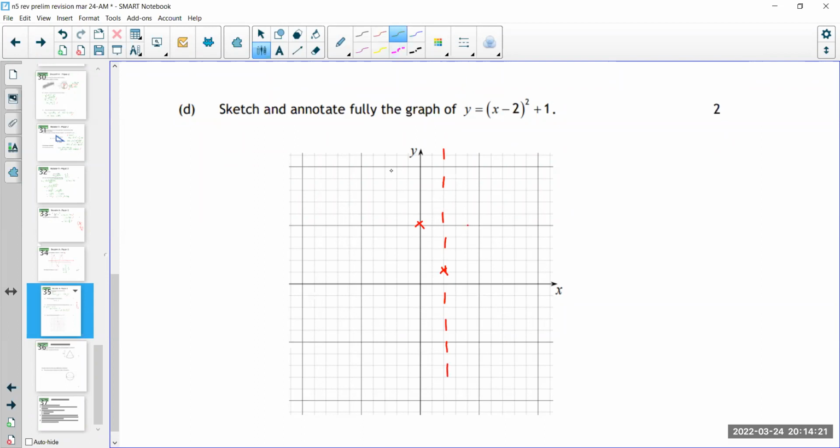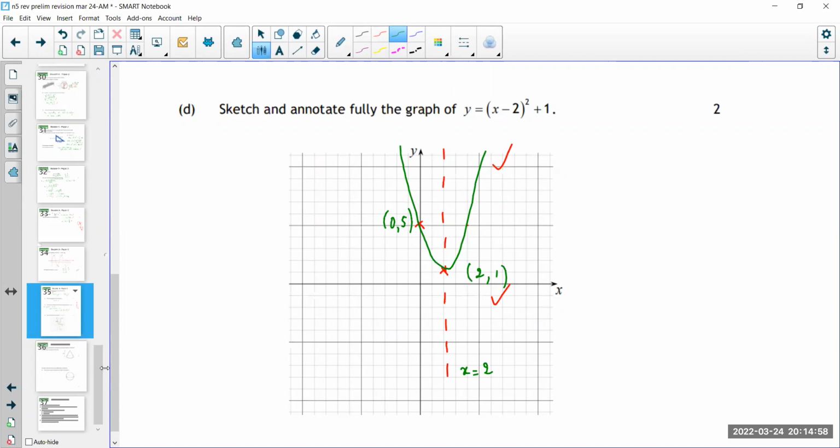So you just get your pencil and draw something that passes by there and goes back up. Turning point, sketch fully. So you need to annotate 2, 1 here and then 0, 5. That's what they mean by sketch fully. If you don't annotate, you lose a mark. So the shape gives you a mark and annotations give you another mark. And fully, because we've done x equal 2, would be your axis of symmetry.